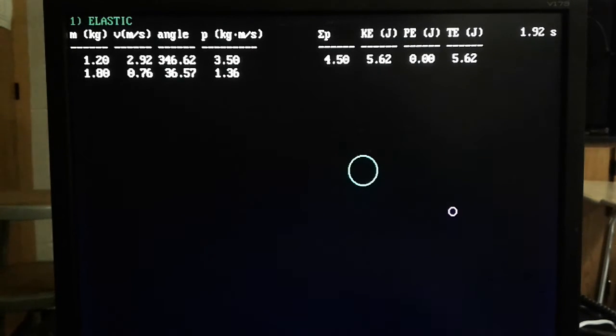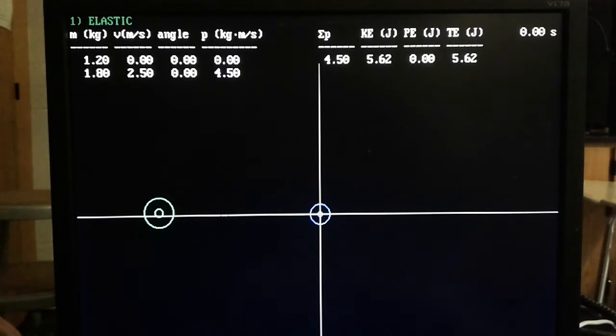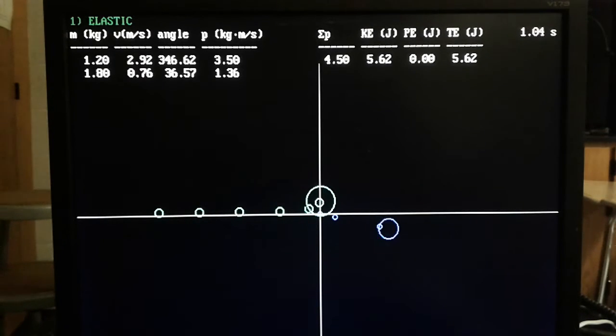It hasn't changed. You can measure those angles.